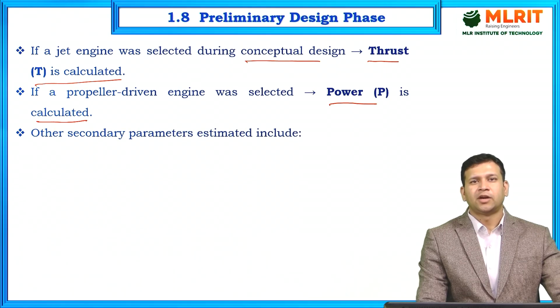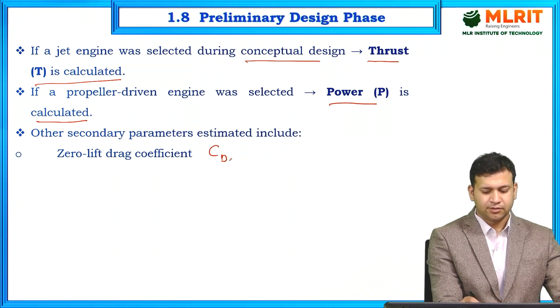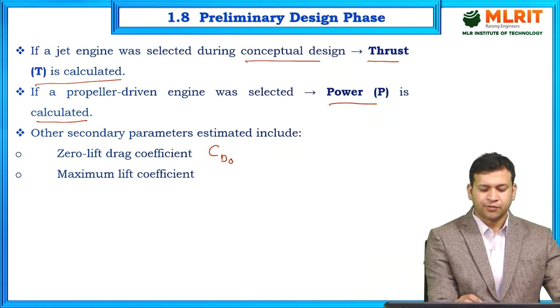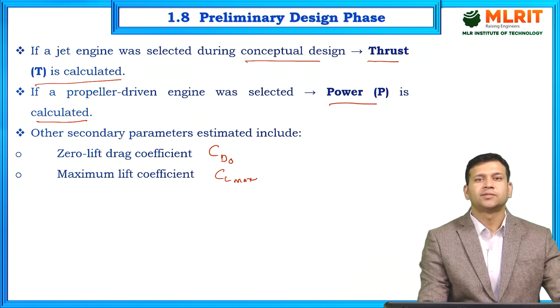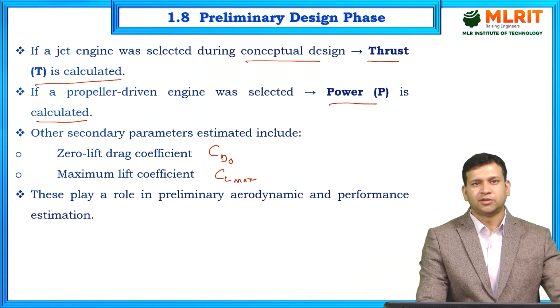Other secondary parameters are also estimated, which include the zero lift drag coefficient, that is CD0, and the maximum lift coefficient, that is CL max. These play a role in preliminary aerodynamic and performance estimations.